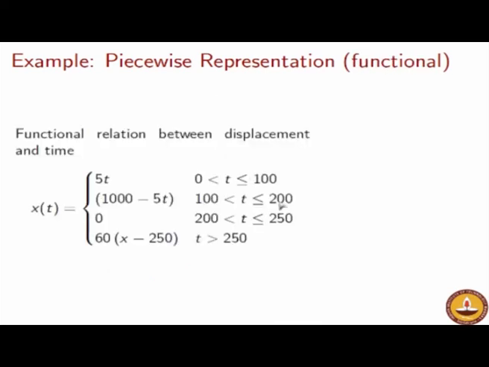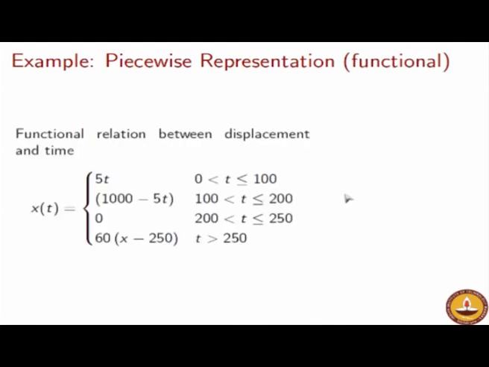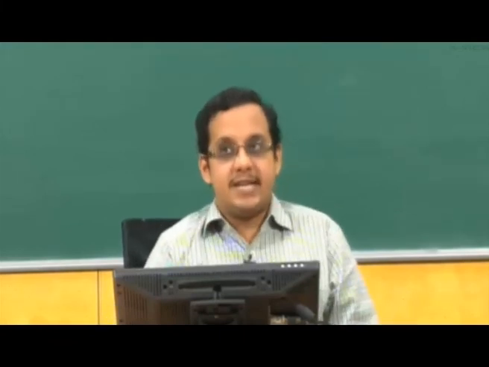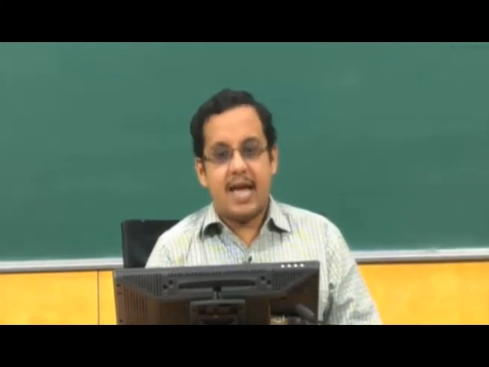So this is called the piecewise representation, and this is the functional form of it, and this is the graphical form of it. So I would like to conclude here, because maybe tomorrow we will start looking at velocity and accelerations, and how to derive them, where we will actually start the formal mathematical calculations.